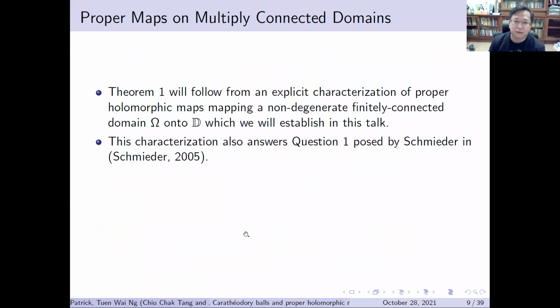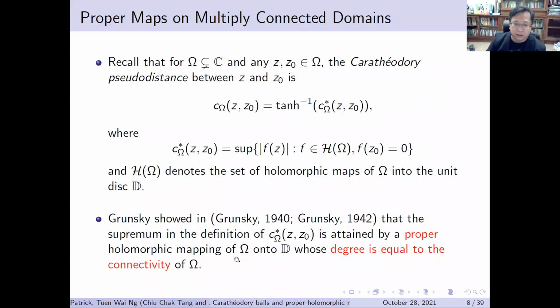Now, this result is quite old. It's 1940, and I cannot find much follow-up work on this result. One thing people may try would be to get a characterization of this kind of proper map with a degree equal to the connectivity of the domain.